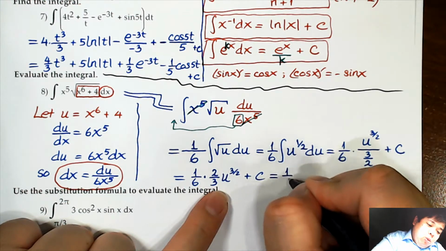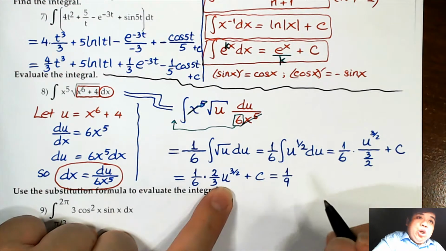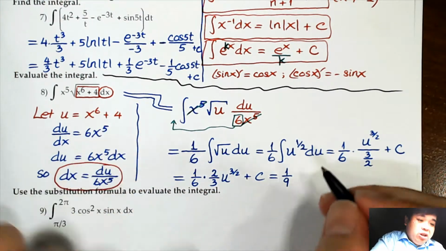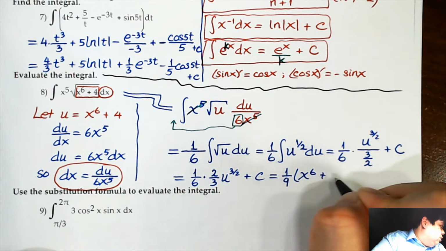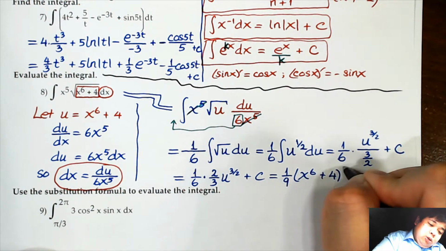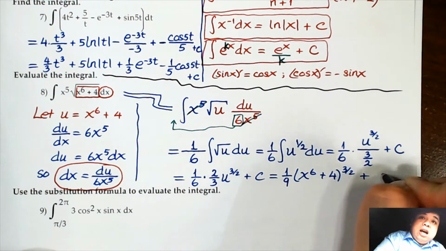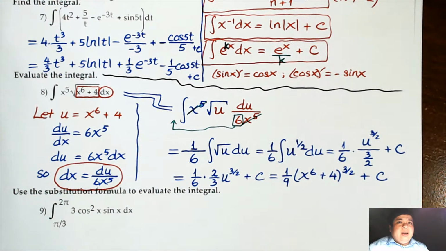Multiply that out, we have 1 over 9. u is x to the 6 plus 4. So we'll just say x to the 6 plus 4 to the 3/2 plus that constant c. Right. So that's what we have. Notice that we have to substitute back in terms of x.